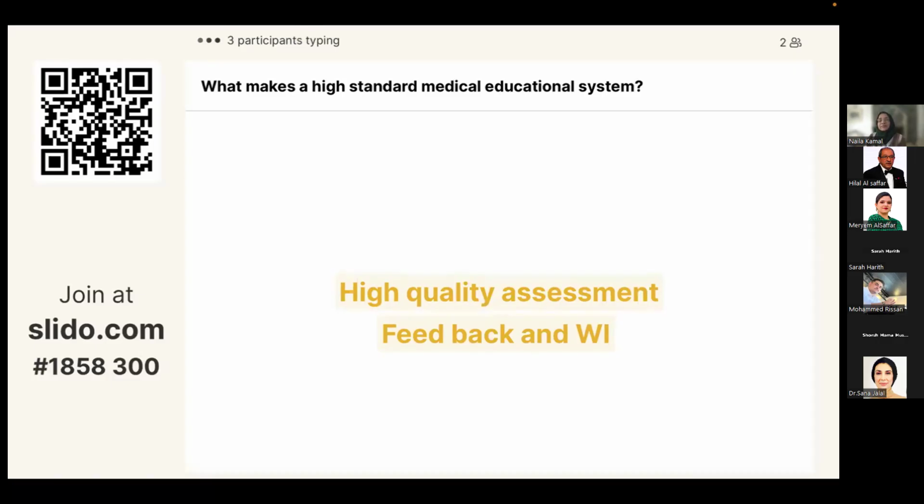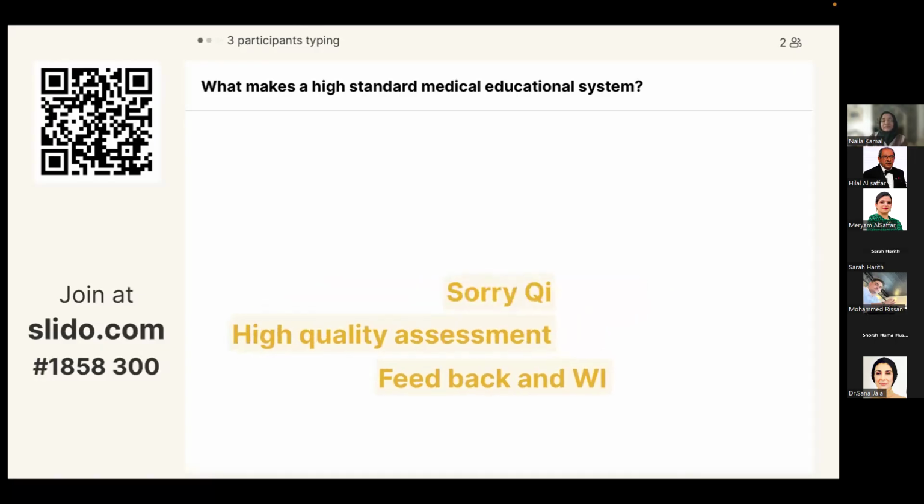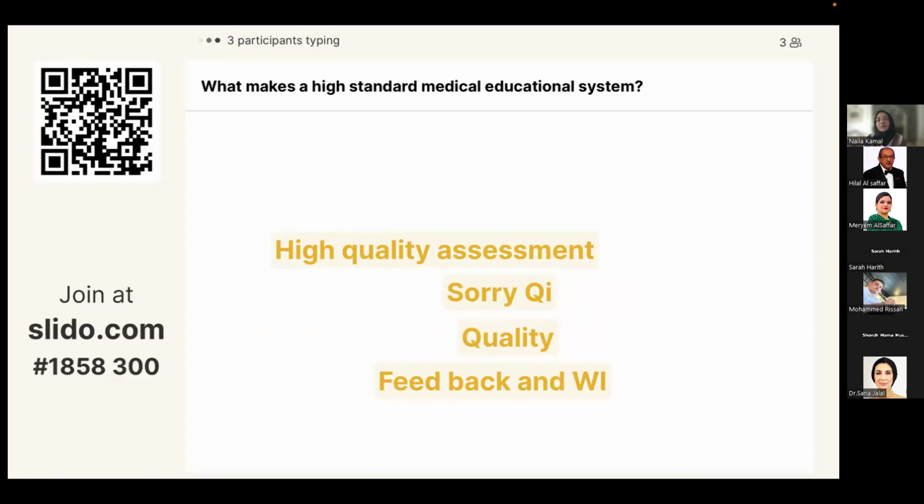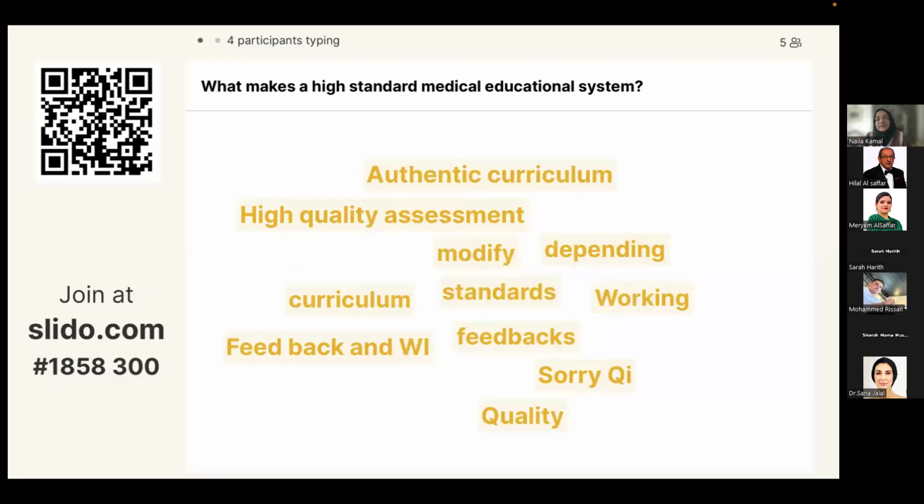High quality assessments, yes. Okay, QI, yes. Quality. What else? Come on, there are how many? 38 people. Let's get everyone involved. Authentic curriculum, yes.